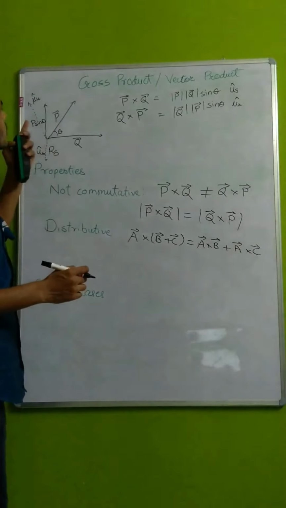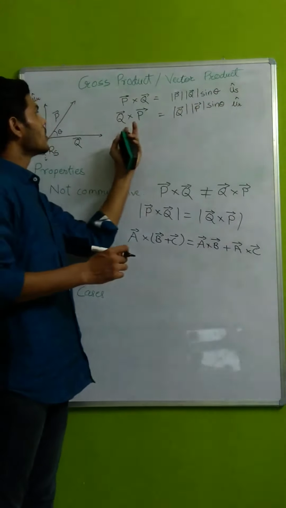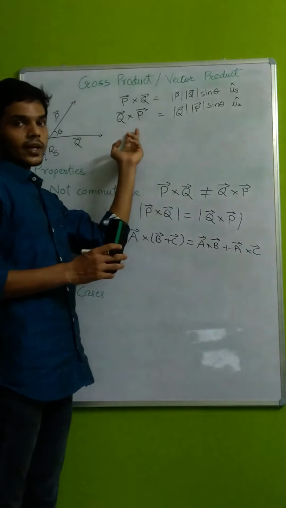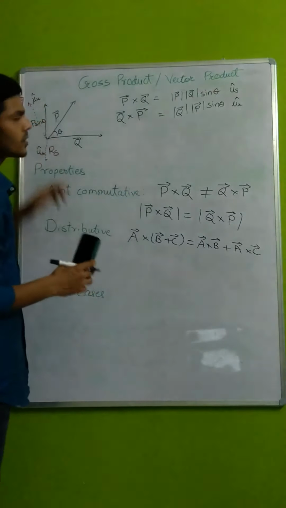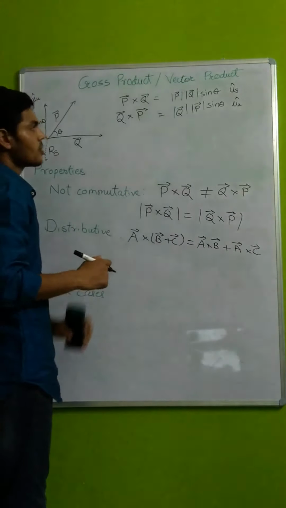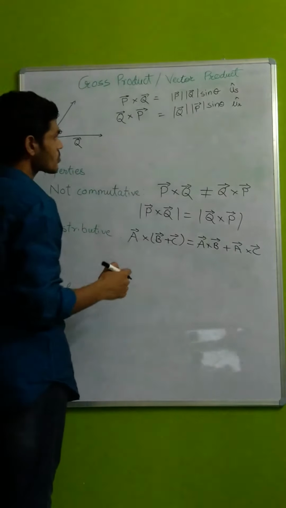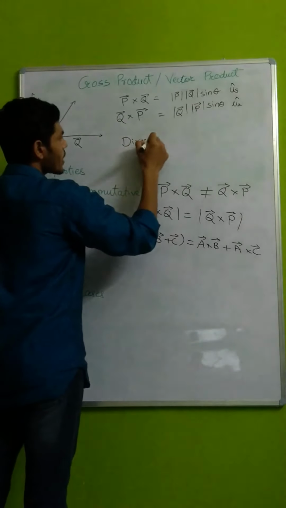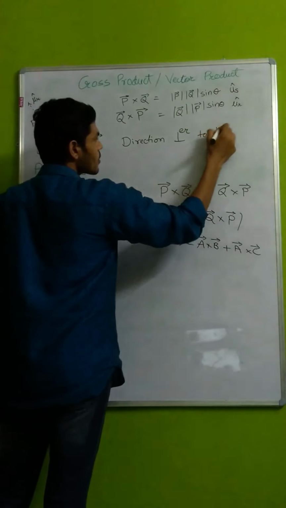Important thing to note is vector product gives a vector resultant in the direction perpendicular to the plane containing these two vectors. So the resultant component is in the direction perpendicular to the plane consisting of these two vectors. Direction is perpendicular to the plane.